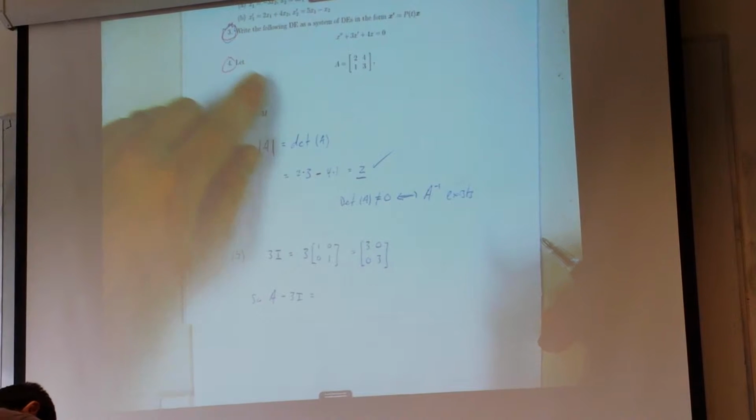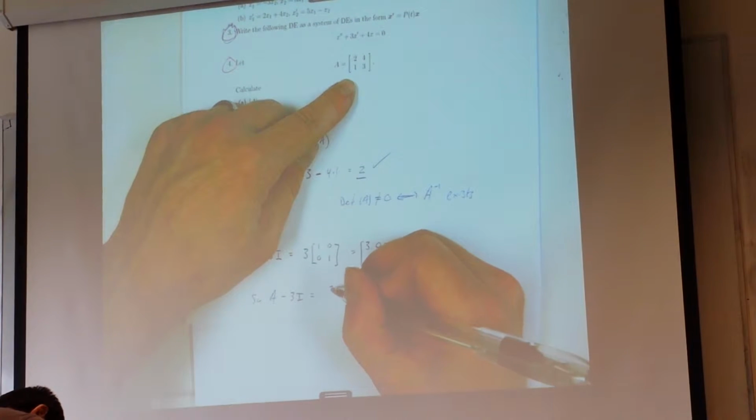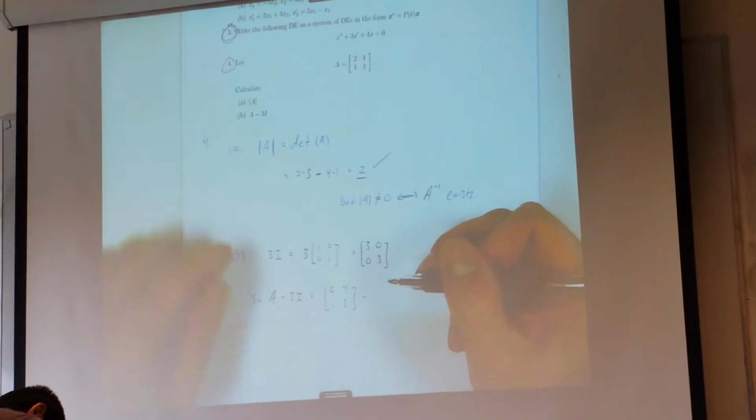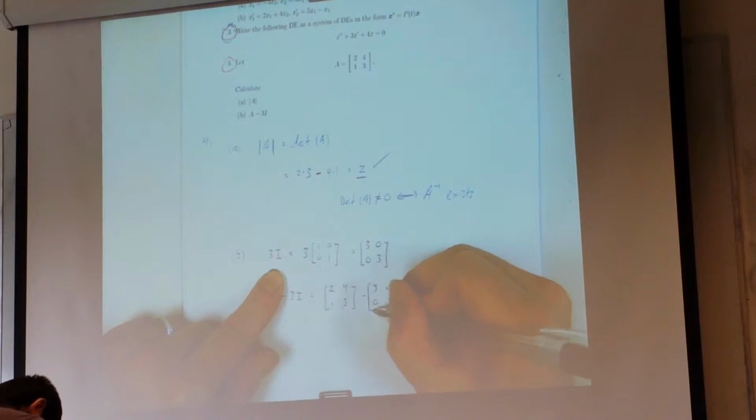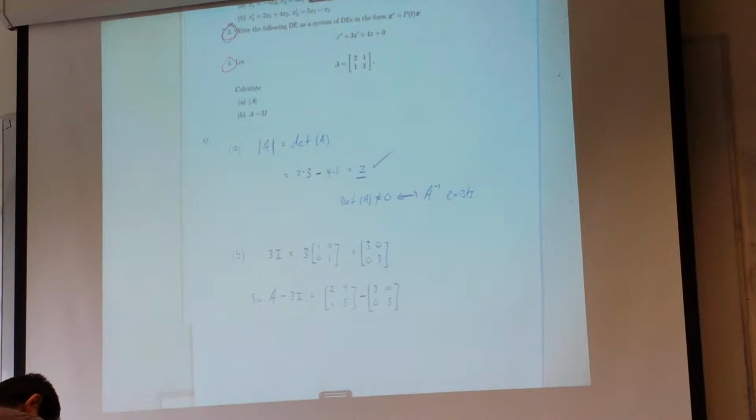So A is 2, 4, 1, 3, minus 3I, which is 3, 0, 0, 3. And subtraction: if you know how to add two things, you know how to subtract, because subtraction is defined as plus negative 1 times that matrix, right?